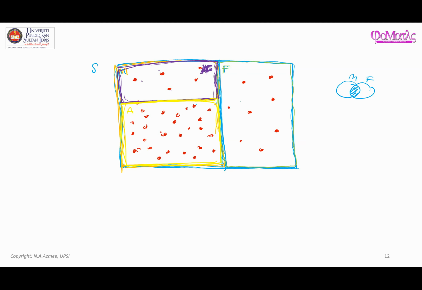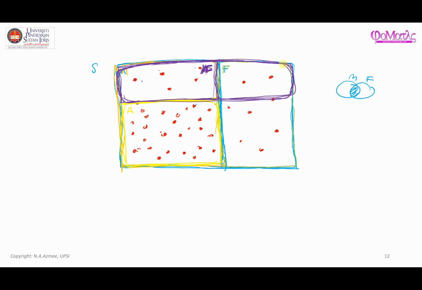Similarly, you may also want to visualize in favor for female. Again, I'm going to use this purple set here. So in favor could be like this. In favor consists of some intersection for male and some intersection for female.